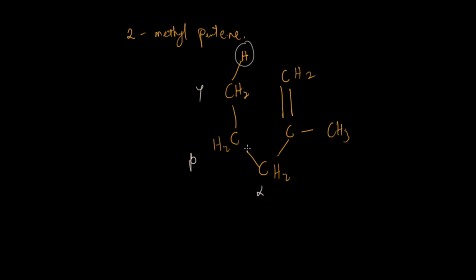So for McLafferty rearrangement, we are building on the alkane fragmentation pattern, which is fragmentation of the beta carbon, right? So when we fragment this, we are going to have dot dot. When we fragment this, we are going to have dot dot, and this one is simply dot dot.